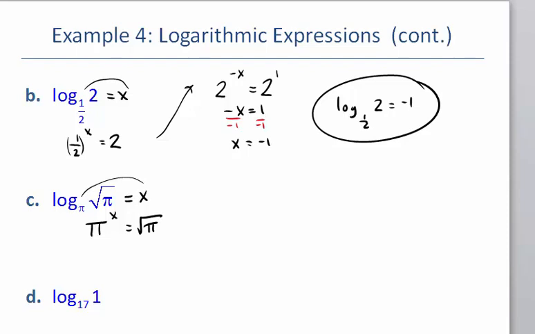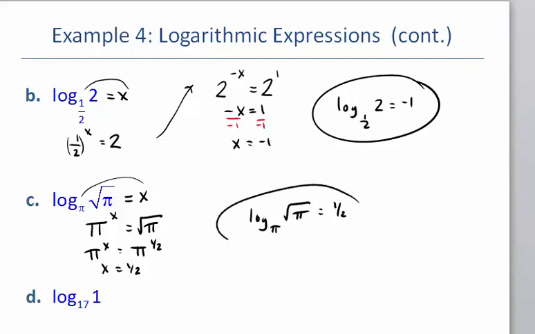Now remember, what power is equivalent to a square root? So we could do pi to the x is equal to pi to the 1/2 power. And so therefore, x would have to equal 1/2. So log base pi of the square root of pi is going to equal 1/2.